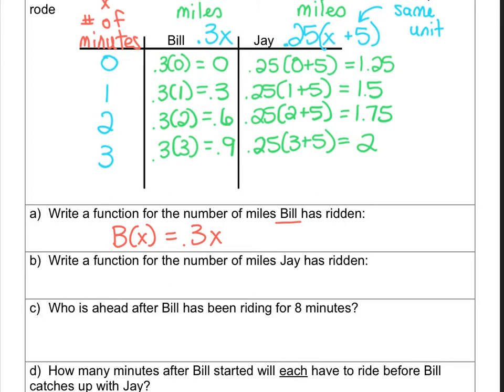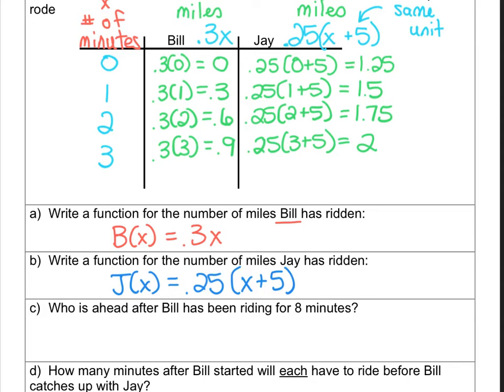So now we want a function for Jay, so we'll call that one j of x. And we already know that that rule is he was going 0.25 miles per minute, but he also had that 5 minute head start. And again, the parentheses is super important because that keeps our variable and our minutes, because those are both measured in minutes, together, which means we have to add those before we multiply by the mileage.